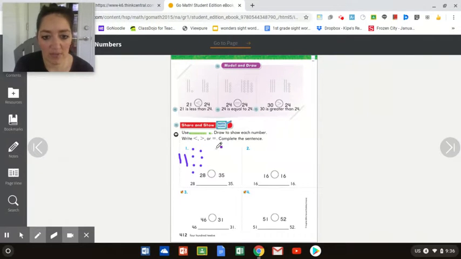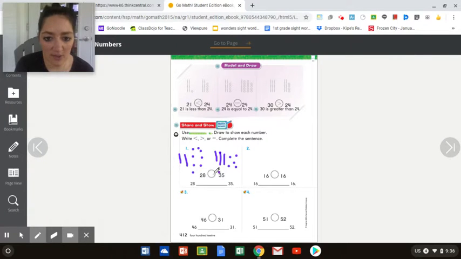We have 35, which gives us 3 tens. So we already know right away, this number is bigger. Because there's more tens, there's 2 tens here and 3 tens here. So 28 is less than 35.